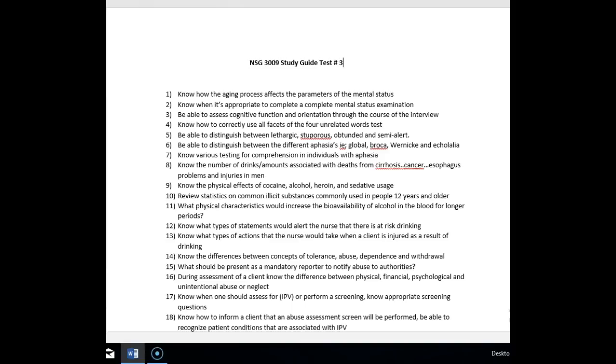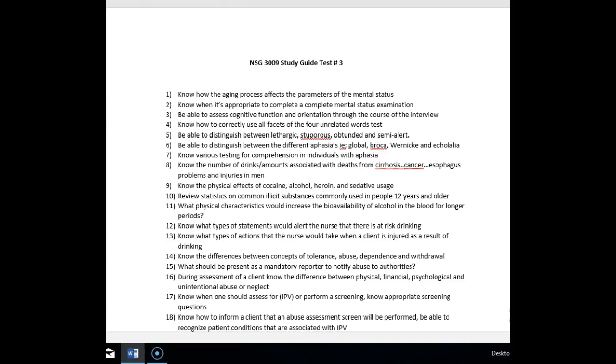Know the physical effects of cocaine, alcohol, heroin, as well as any type of sedative users. And the reason why it's important for you to be able to obtain this type of objective data and have a pretty good idea of what you find when a person is using these drugs is because it could give you an overall idea of how the person is looking.